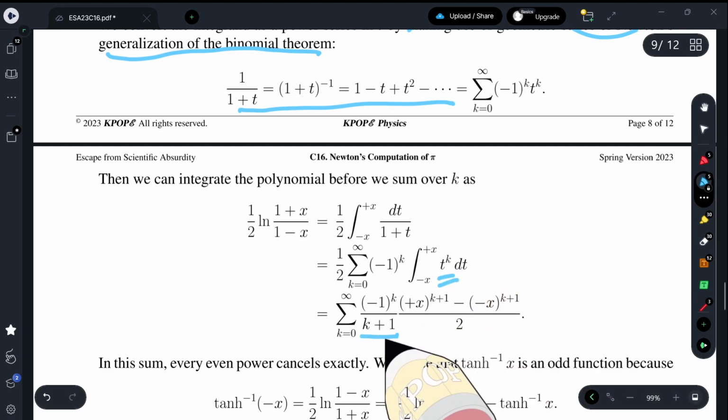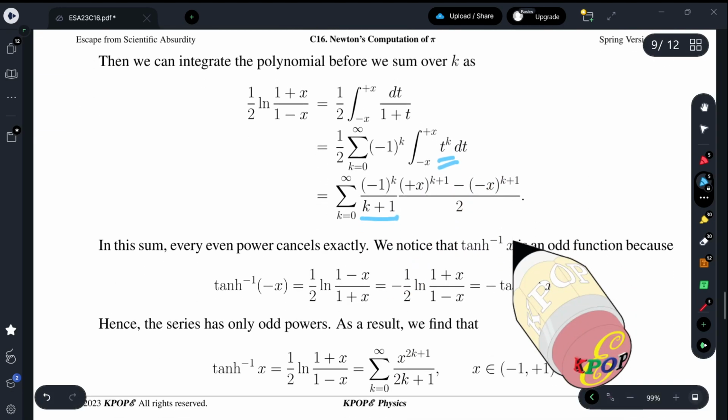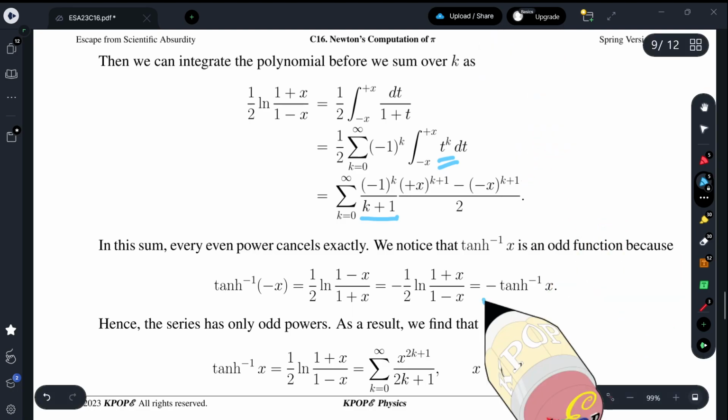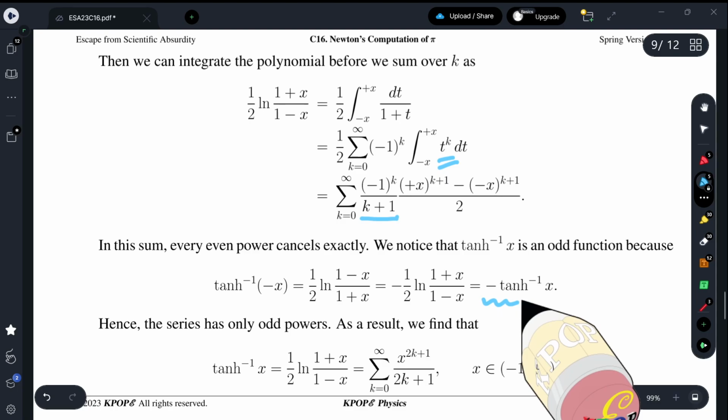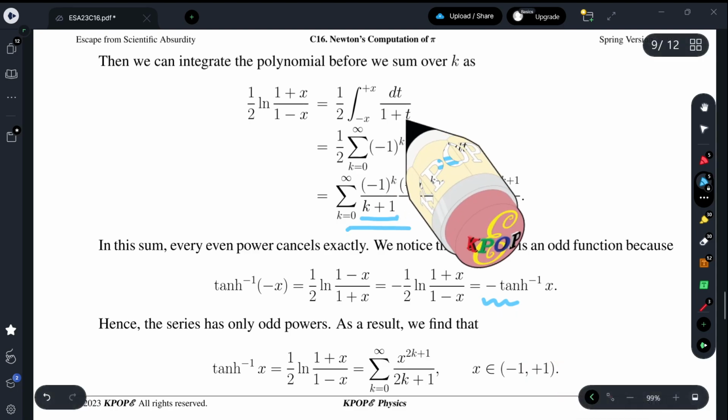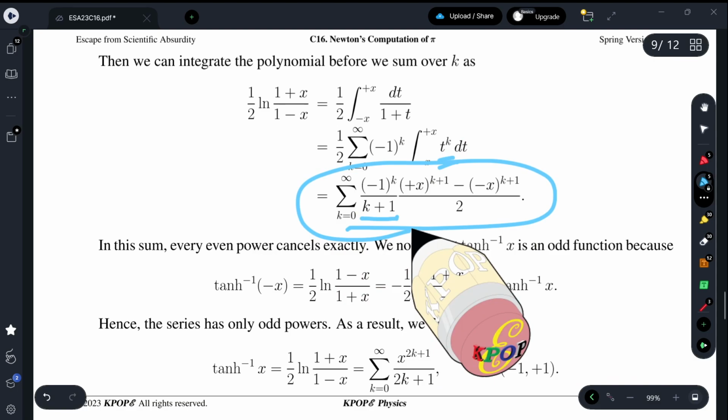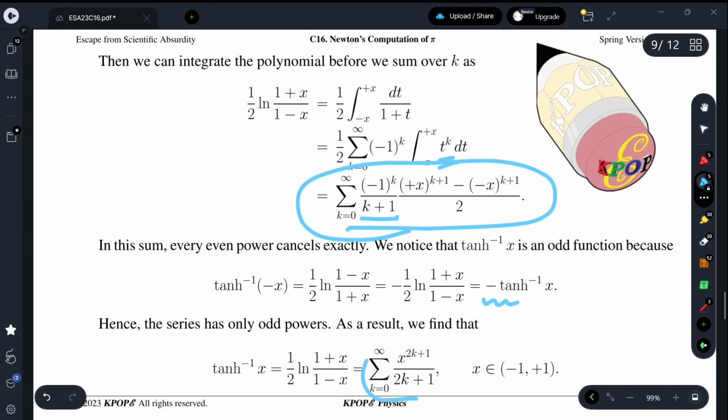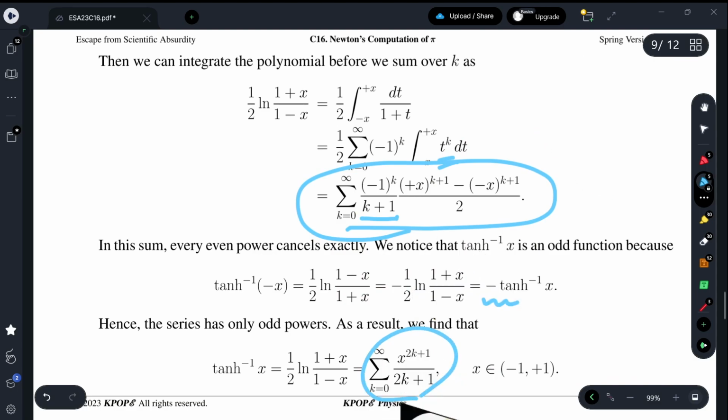Okay, so it becomes like that. We know this tangent hyperbolic function is an odd function, and inverse tangent hyperbolic function is also an odd function. Therefore, this result must contain odd powers only, and even powers have disappeared.